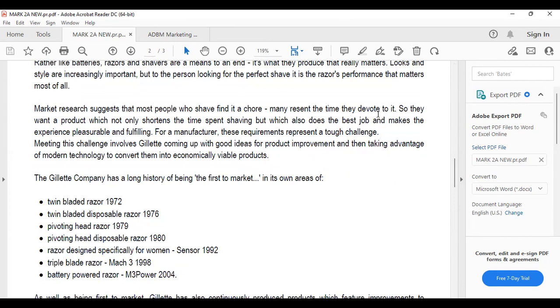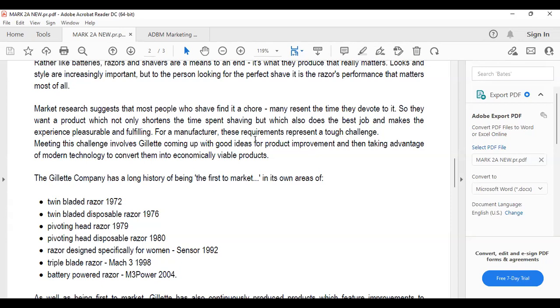So they want a product which not only shortens the time spent shaving, but which also does the best job and makes the experience pleasurable and fulfilling. So the customers are changing their needs now. They used to buy it and it was okay, but now they are changing their needs because of competition. There are other competitors offering an alternative.